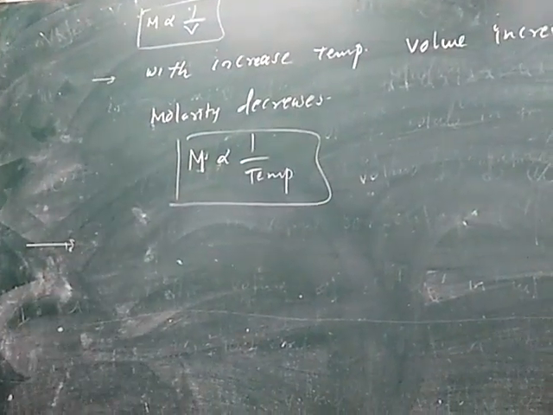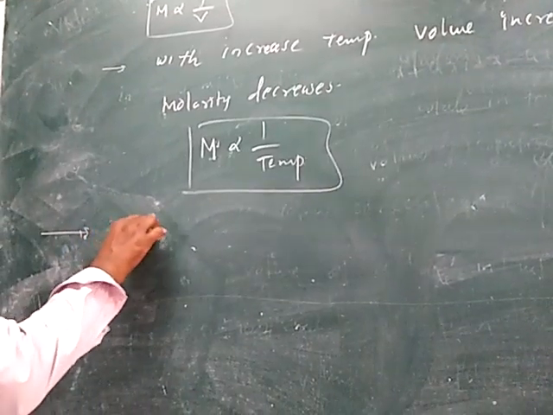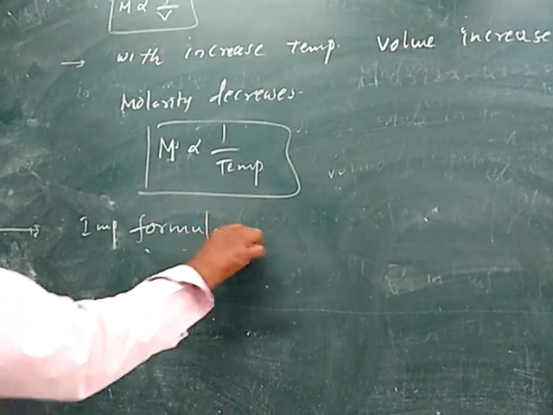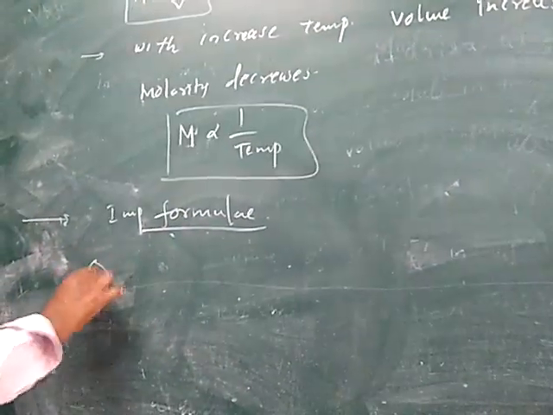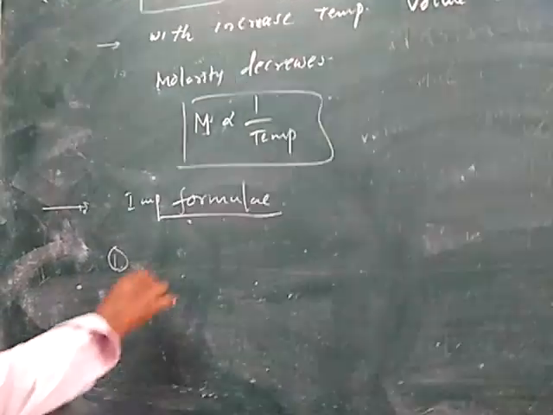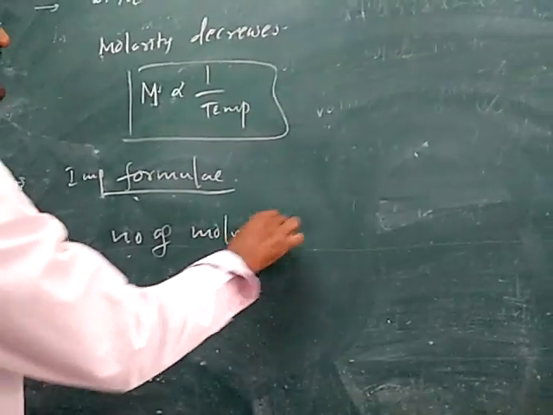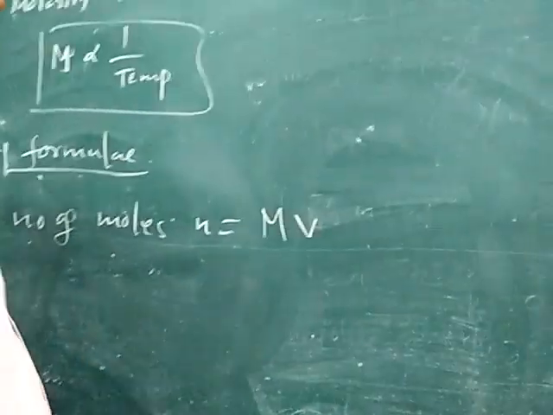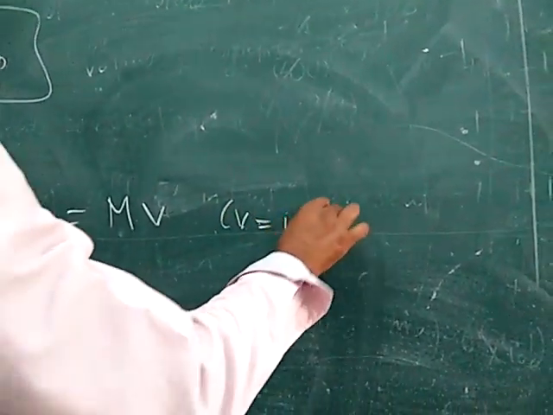Now some useful important formulas. Number of moles, n equals M into V, molarity into volume, where volume is in liters.